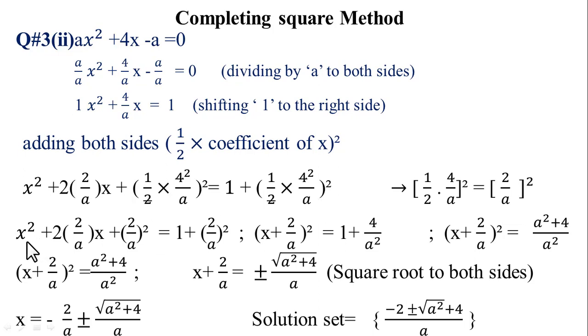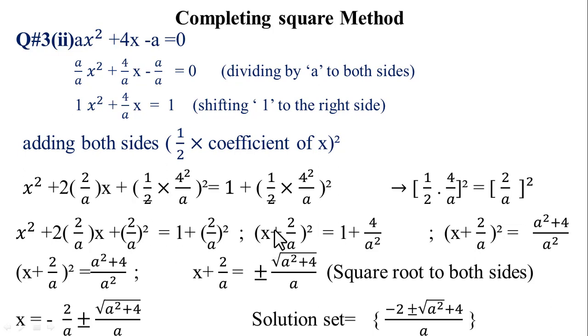Now we can write it in this form: x² + 2·(2/a)x + (2/a)² = 1 + (2/a)². Now we take the complete square, using a² + 2ab + b². So we can write (x + 2/a)².